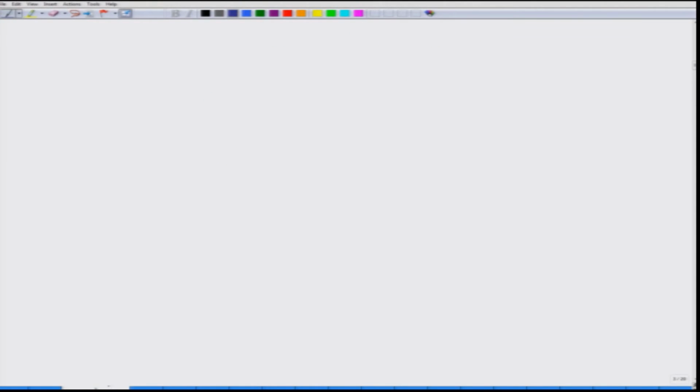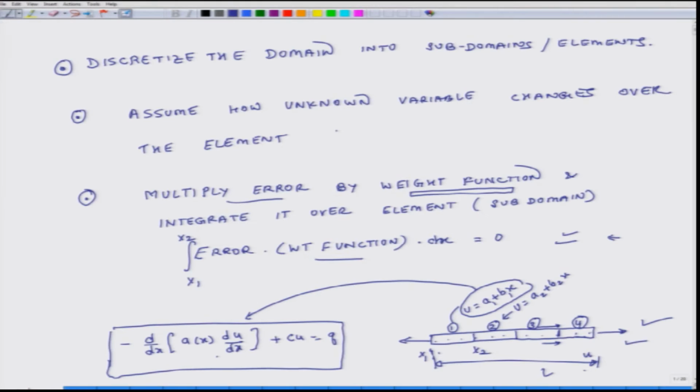Okay. So, for instance, in this problem, the boundary condition would be that at x is equal to 0, there is a force on the left side, this is one boundary condition, and at x is equal to L, there is a tensile force which is being applied and which is getting exerted on the right side, or in the positive x side. So, those are the two boundary conditions.